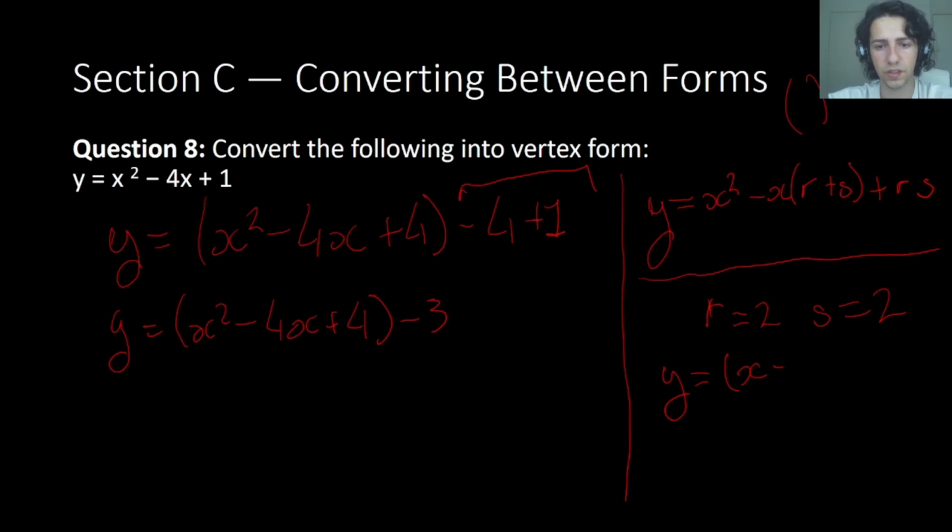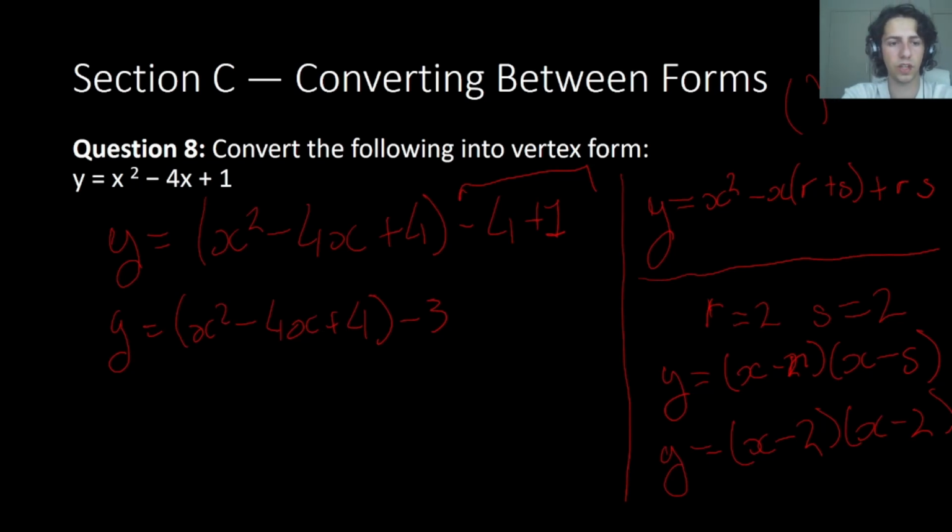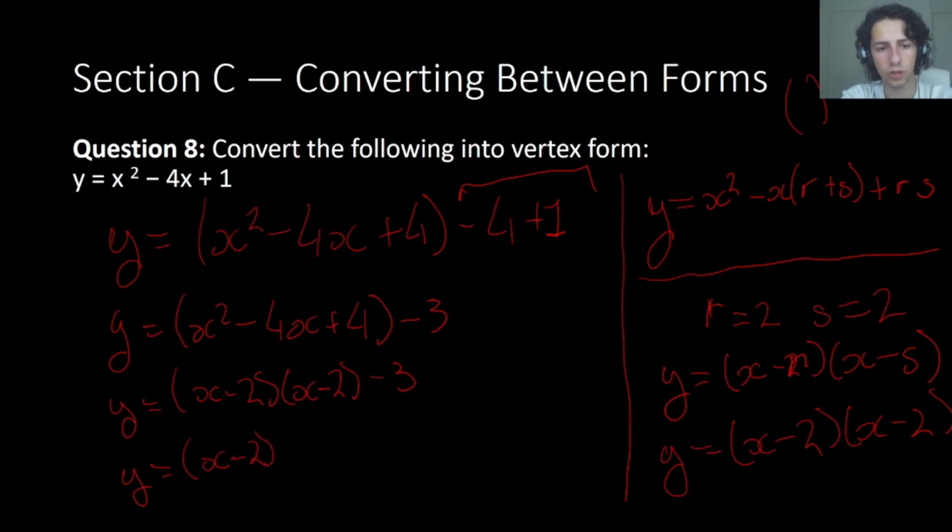So x minus r and x minus s, we're going to now substitute into here, x minus 2 and x minus 2 again. So if we go to the left here and write that out, we have x minus 2 times x minus 2 minus 3. And because those two polynomials are the same, we can simplify that to x minus 2 squared minus 3.